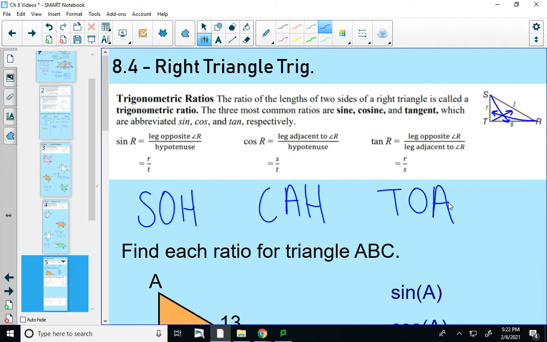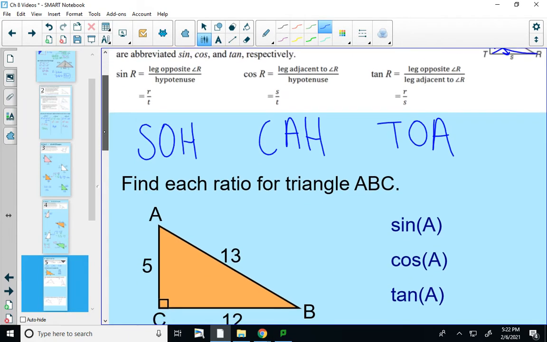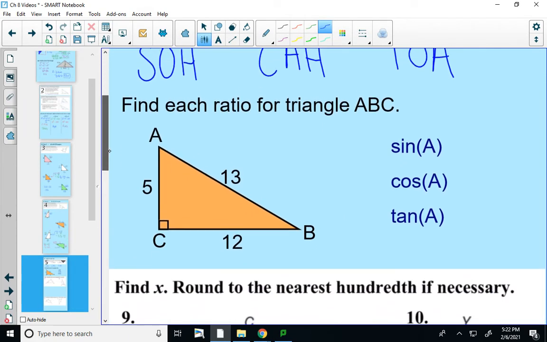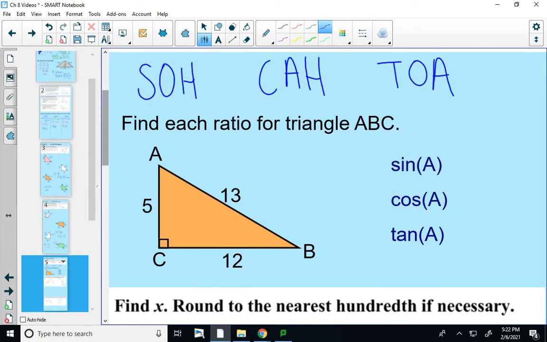So first thing I want to do with these, I just want to find the ratios. So looking at triangle ABC, we're going to find sine, cosine, and tangent of angle A. So angle A is up in this corner. Sine is the relationship of the opposite side divided by the hypotenuse.